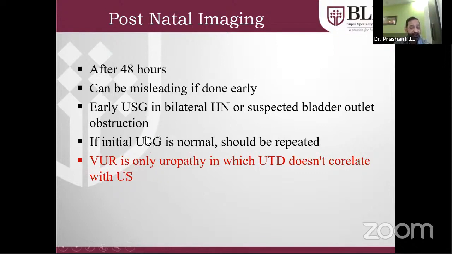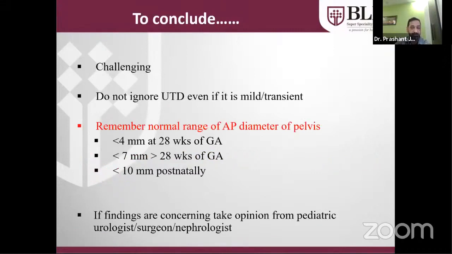Even if the initial ultrasound is normal and the antenatal scan is showing urinary tract dilatation, this should be repeated and this should be followed. Vesico-ureteral reflux is the only uropathy in which urinary tract dilatation does not correlate with the ultrasound findings. So this is again a very important point.